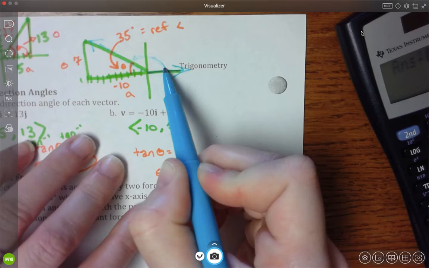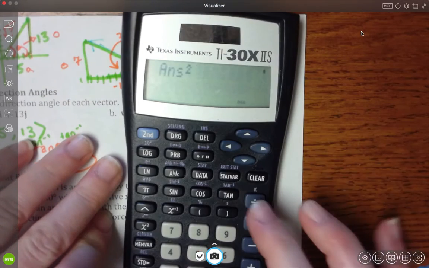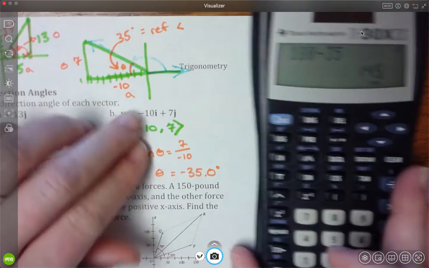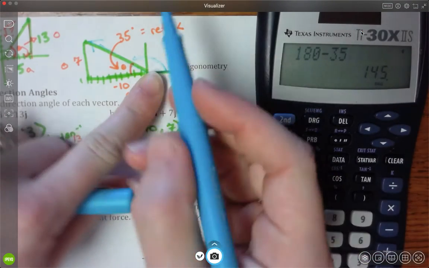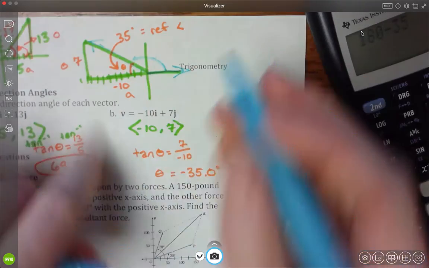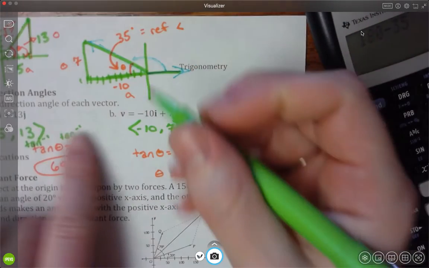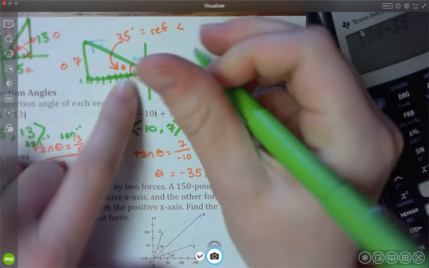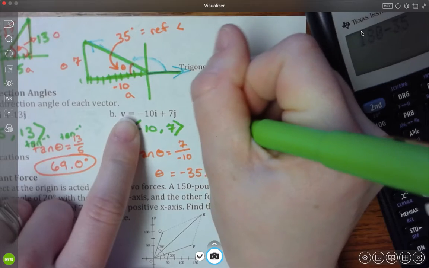Okay, so I would really end up taking 180 minus that 35 degrees, and that would give me 145 degrees here. Okay, so that's what my actual angle is going to be. Find the direction angle of each vector. The reference angle would be 35, but 145 degrees is the one that I actually want.